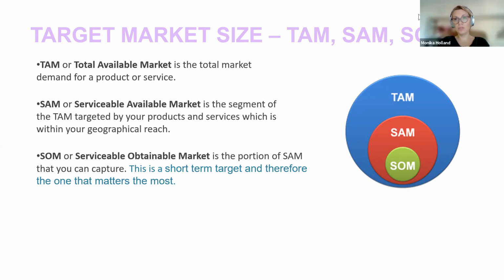TAM is the total of the businesses that could use a reservation system in their business. The SAM then will be within your geographical reach. Thank you. So all the businesses that qualify that they can use a reservation system in Lithuania, let's say.